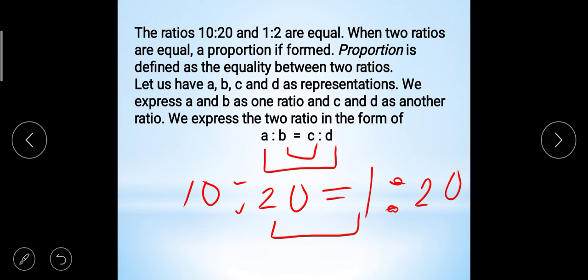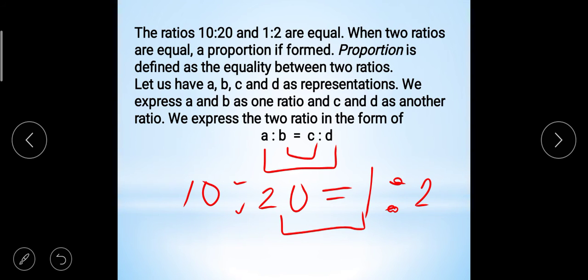20 times 1. Maurice, product of our mean. Yes. Okay, 20. Very confident. 20. And then, the extremes. Yun. 10 is to 20 and 1 is to 2.